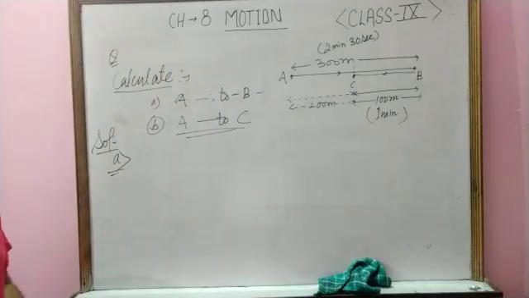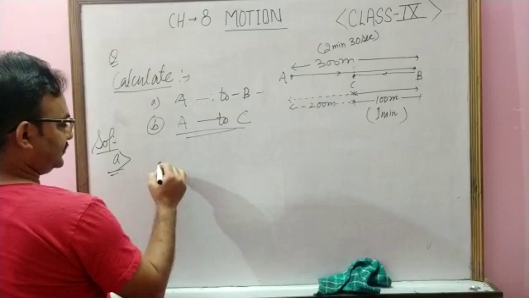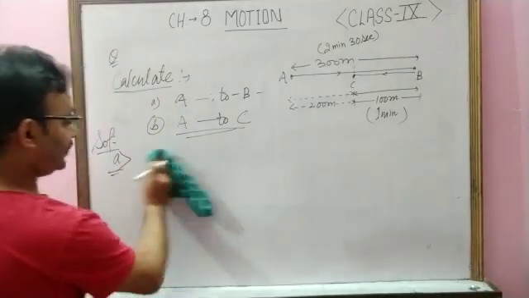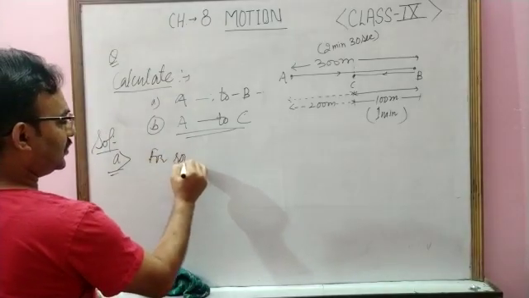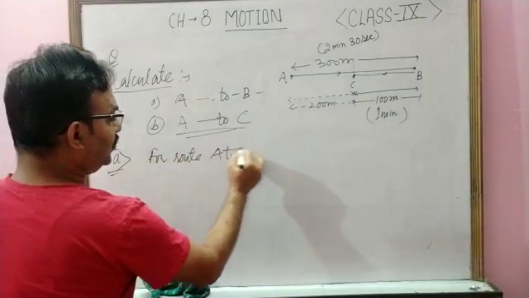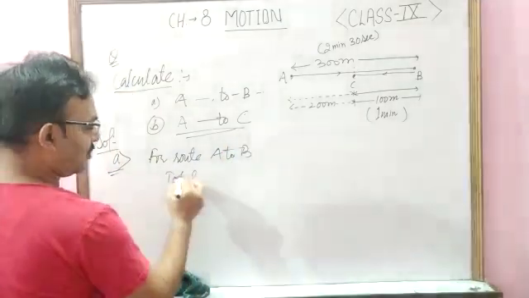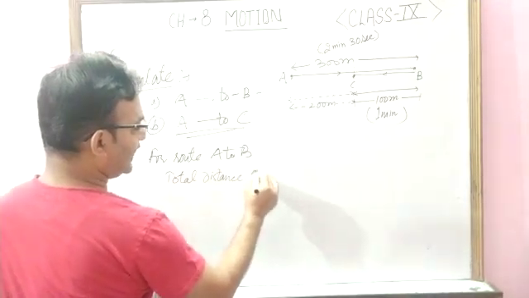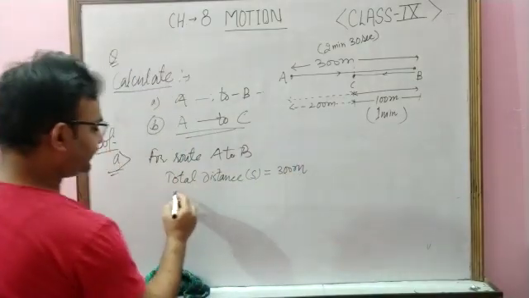Okay, first of all, the first case we have to solve here. This is the first case, for route A to B. Total distance S is 300 meters.